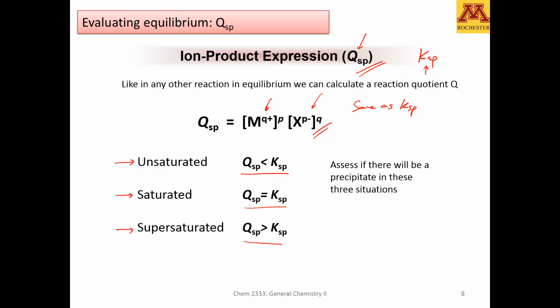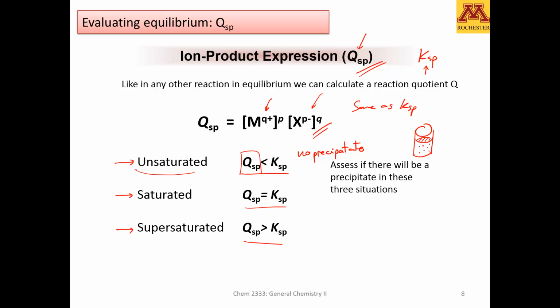Alright, so let's see. We have actually three different cases. One, if the QSP is smaller, it means that your solution is unsaturated. What does that mean? It means that if you have a beaker and all your ions are dissolved, there is no precipitate, no solid at the bottom.